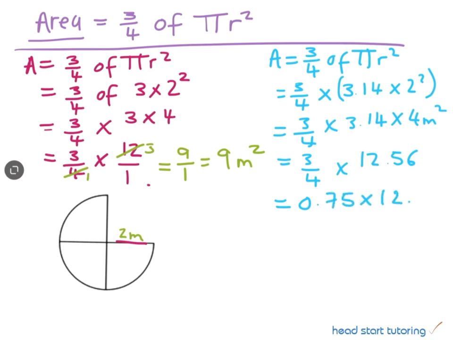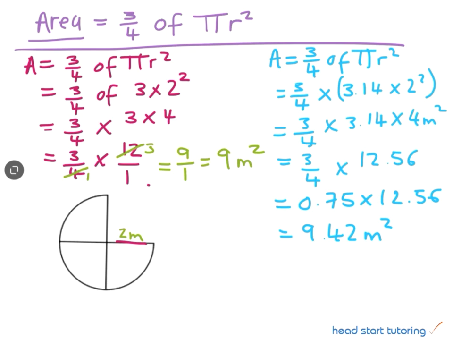We multiply by 12.56, which is quite a big calculation on the side, and we end up with an answer of 9.42 meters squared. So when we are working with pi equal to 3.14, we get an answer of 9.42 meters squared for the area of this 3/4 of a circle.